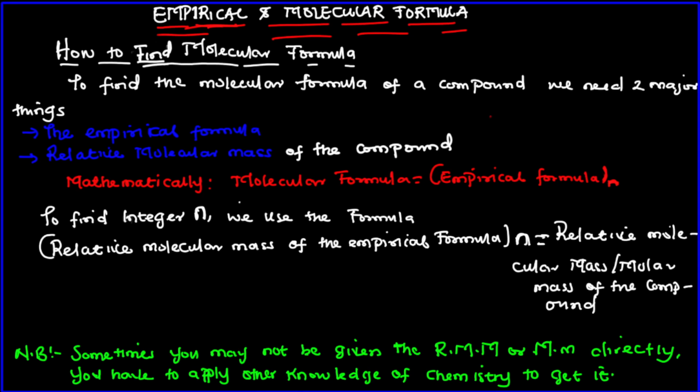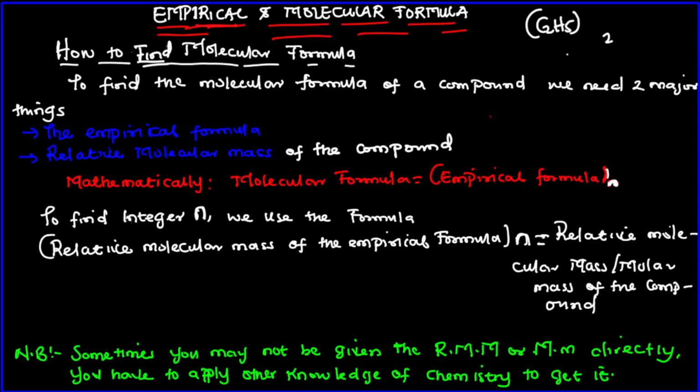I wrote it here that mathematically, molecular formula is empirical formula multiplied by this integer as a subscript n. So for example, we have found n, I will explain how to get this n. For example, we find n to be 2, and we have probably C2H5 as the empirical formula.